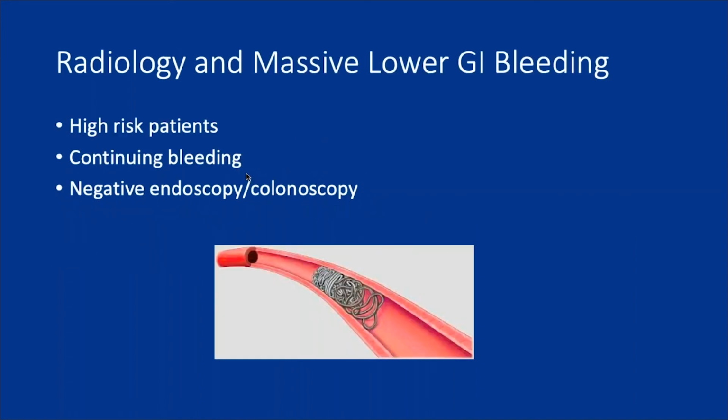Finally, let's talk about radiology and massive lower GI bleeding. It's particularly useful for high-risk patients, continuing bleeding, and negative endoscopy and colonoscopy. It's basically clotting the area in sources of bleeding. It's particularly useful in patients who have had torrential GI bleeding, where you can't even see anything with the endoscope, but there's always an upside and a downside.